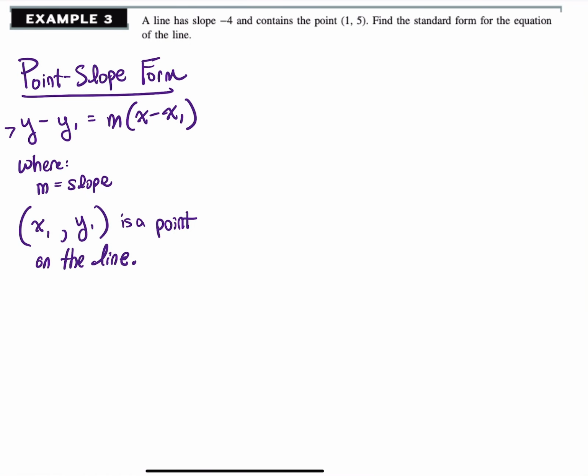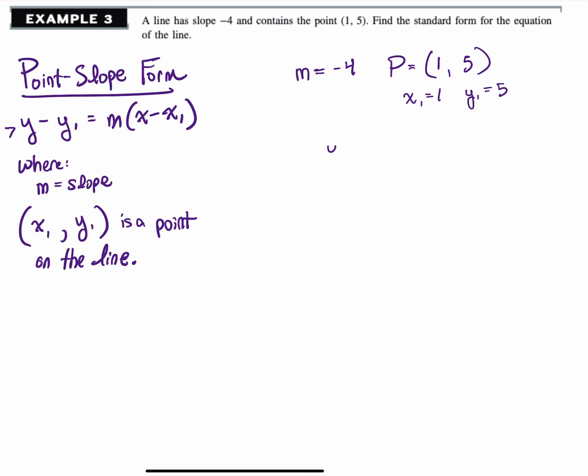So we're given a line has a slope of -4, so I know that will be my m value. And the point (1, 5). So I can take the 1, I don't know why I wrote a minus here. That 1 is our x1, and the 5 is our y1. So we just need to plug into the point-slope form.